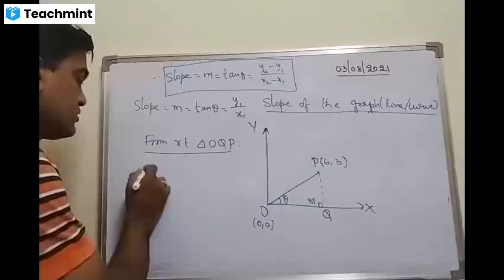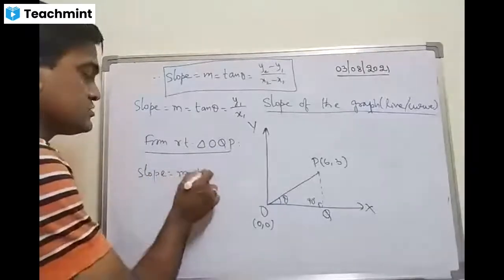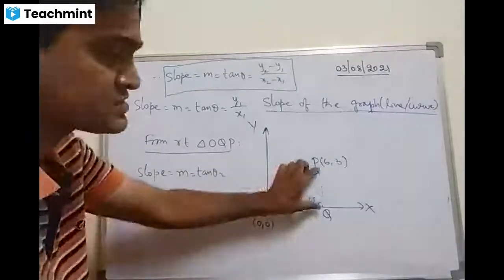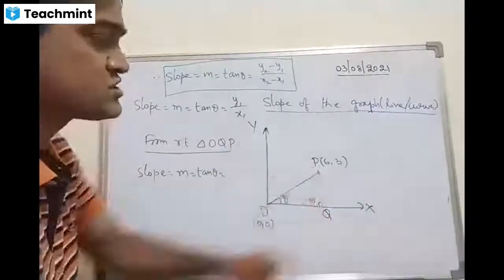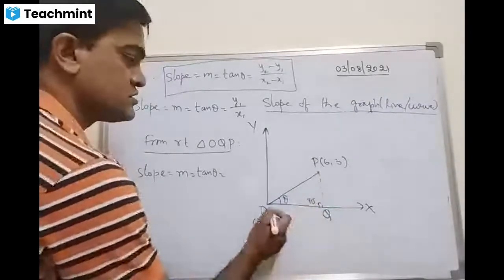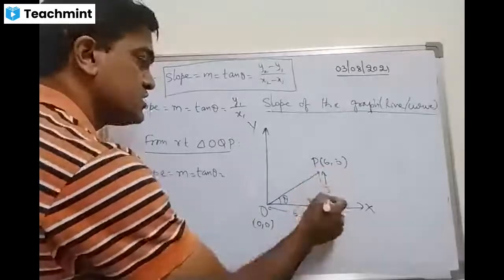Slope is equal to M is equal to tan theta. What is this distance? This length is 6, and this length is 3.